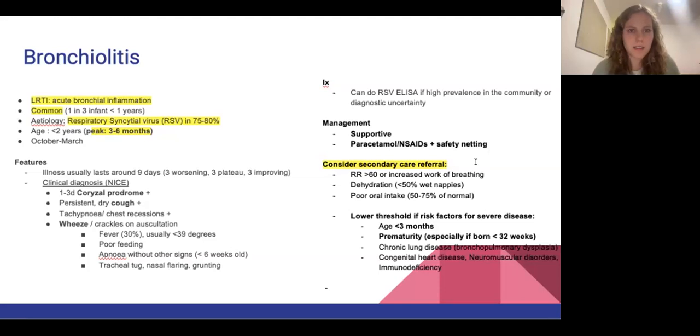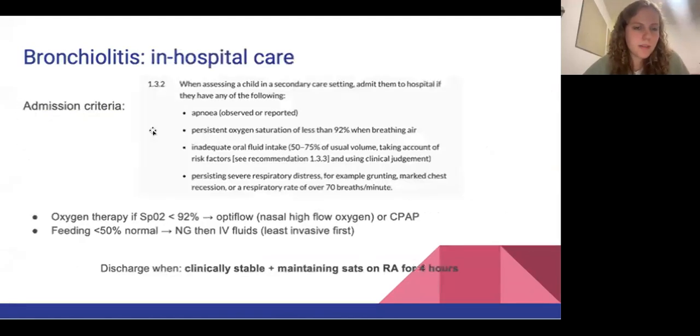If they have risk factors like being very young, premature, chronic lung disease or chronic congenital heart disease, or immunodeficiency, then you might also want to consider bringing them in earlier. Yeah, so this is again the admission criteria, and also if their oxygen is less than 92%.